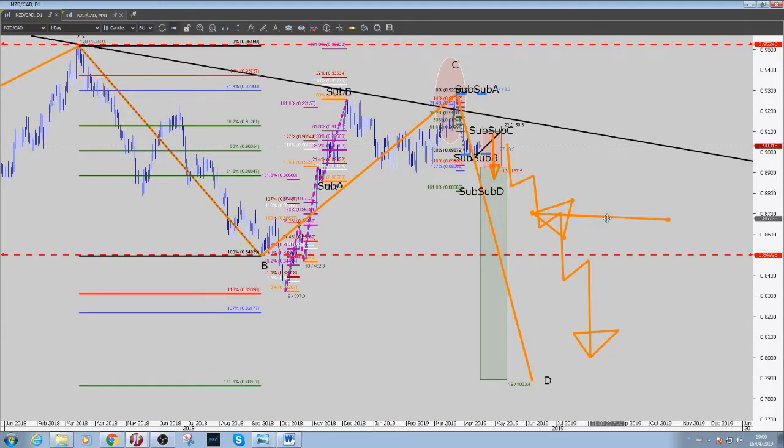Okay, but there is no right or wrong. You can enter and exit, and then you can re-enter on the next confirmation Fibonacci and exit, and you can re-enter on the next confirmation Fibonacci. Okay, this is up to you, no problem.